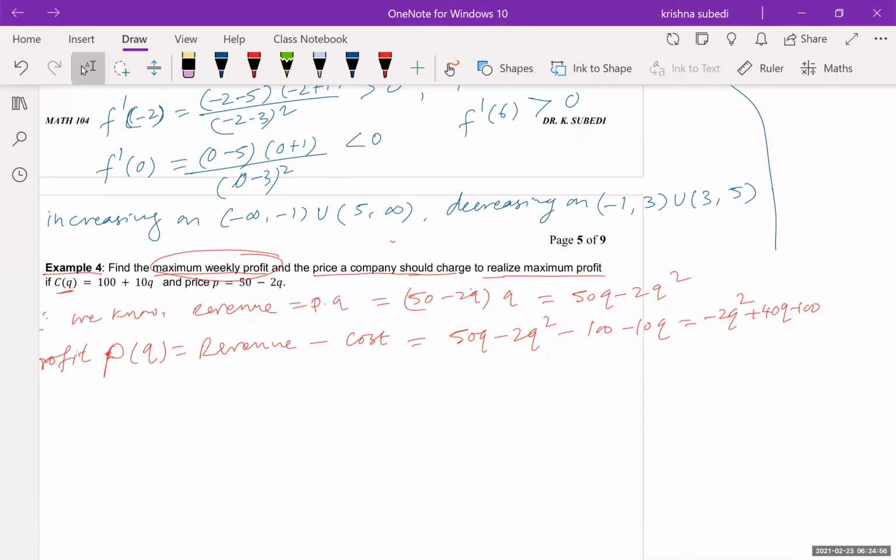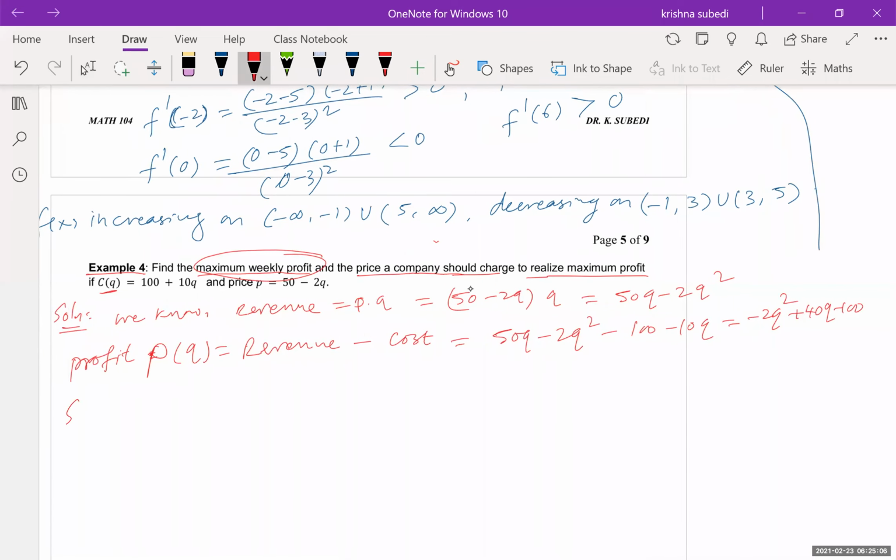Okay, that's what we got, our profit function. So profit P of q, notice that we generally use the lowercase p to represent the price and the uppercase P to represent the profit, okay? So P of q, let me just copy that function. The profit function is negative 2q squared plus 40q minus 100.